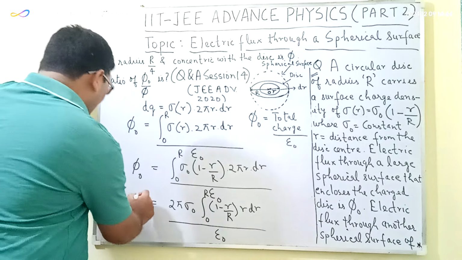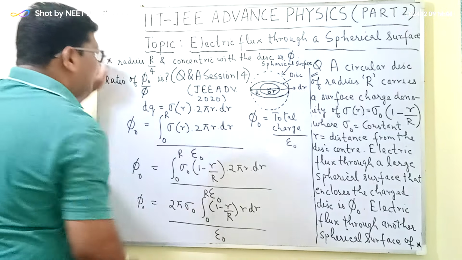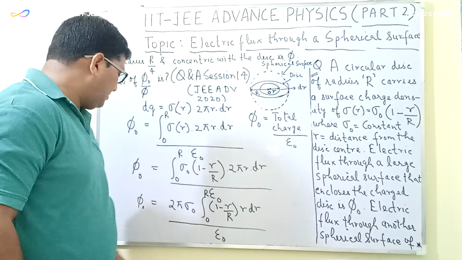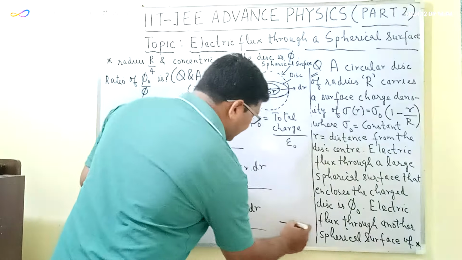So this is the value of the flux which is passing through this spherical surface which has completely enclosed the charged disk. So we can say that this is equation number 1.